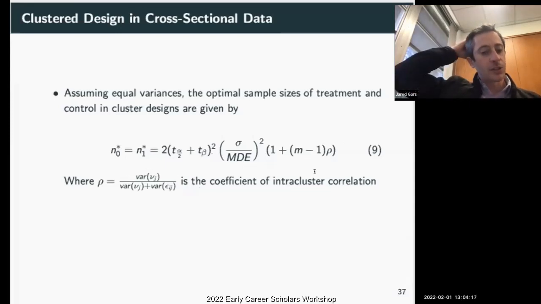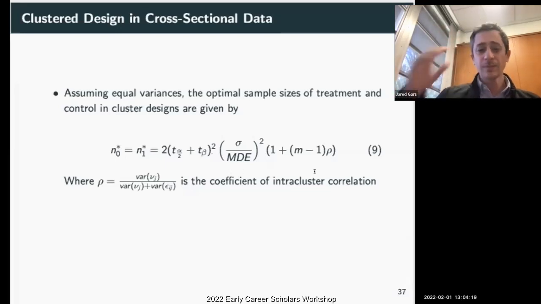So this coefficient of intercluster correlation ranges between 0 and 1. If it's very low, what that basically means is that there's not a lot of correlation in outcomes or the unobserved component within clusters. And if it's very high, what that means is that the correlation in that unobserved component within clusters is very high, meaning that you don't get much information from each unit in a cluster.